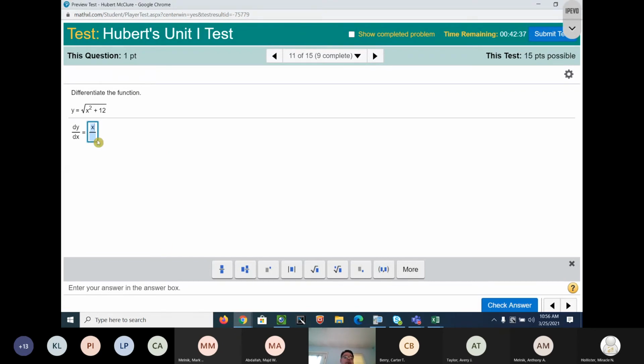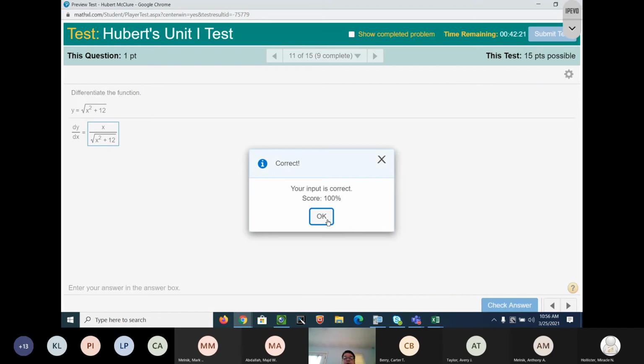X over, I'm going to try to put it in radical and see if they like it. X, shift up squared, shift right, plus 12. Okay, they do like the radical, so you need to make a note on this one.